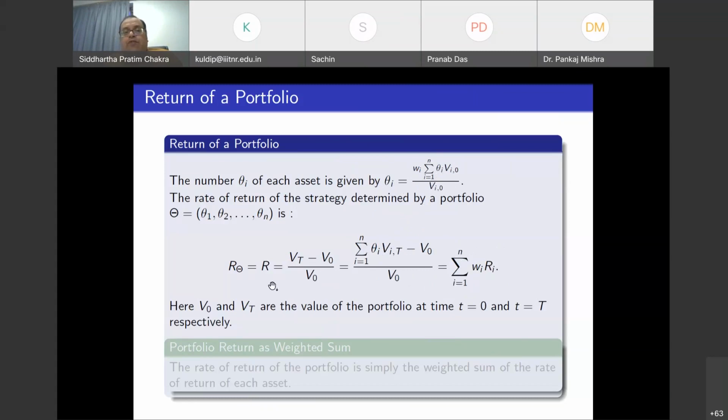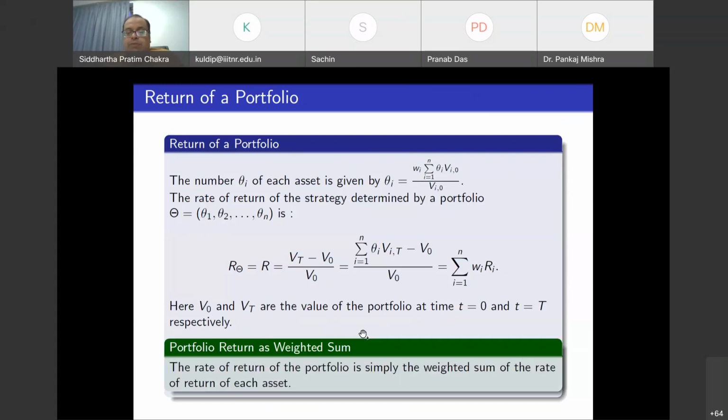That means if we have a portfolio whose weights in each of the assets A1 through An are given by W1 through Wn, then the return of the portfolio R will be given by the weighted sum, that is, the summation of all the returns multiplied by their corresponding weights. For each individual asset, the return is Ri, and once you put all the assets together in a portfolio, the return R of the portfolio is given by the summation of Wi into the return of each of the individual assets.